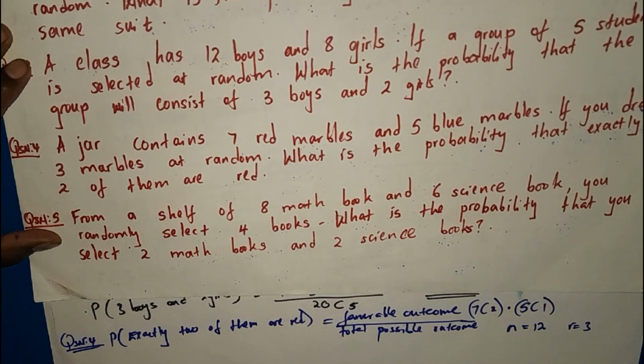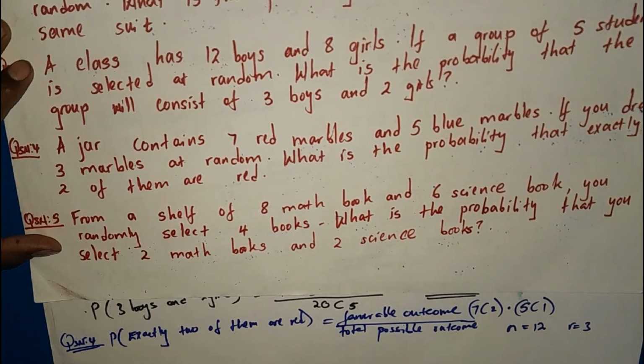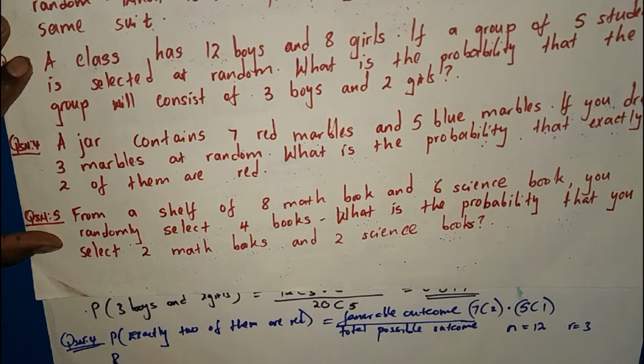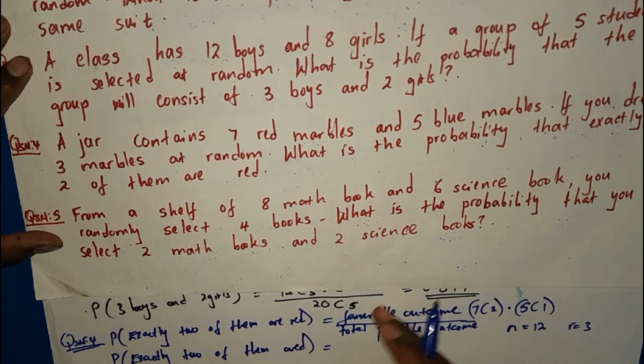Therefore, the probability that exactly 2 of them are red is equal to 7 choose 2 multiplied by 5 choose 1, all over 12 choose 3.